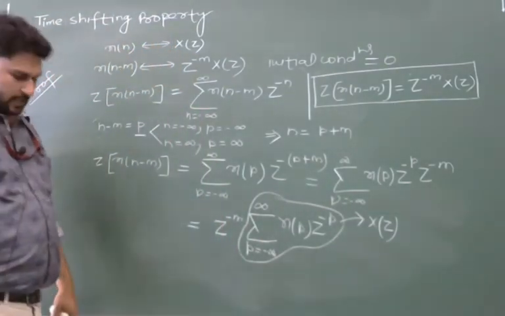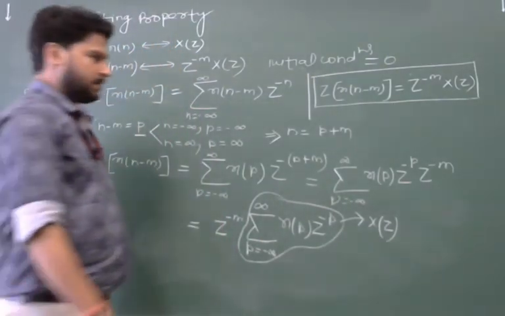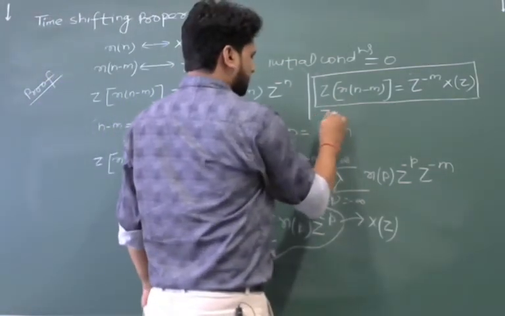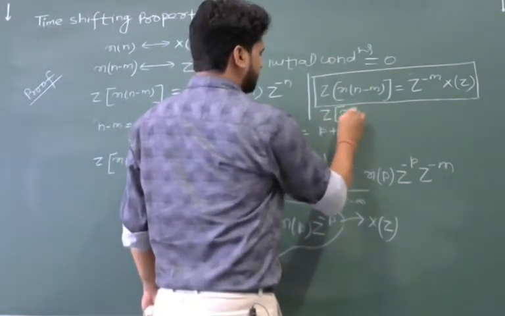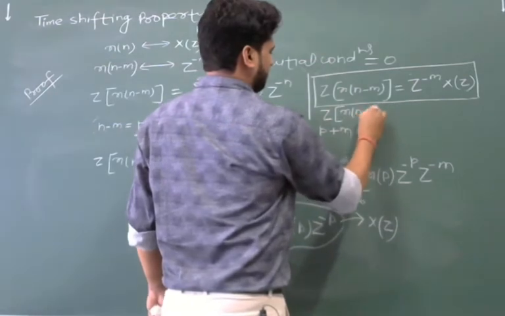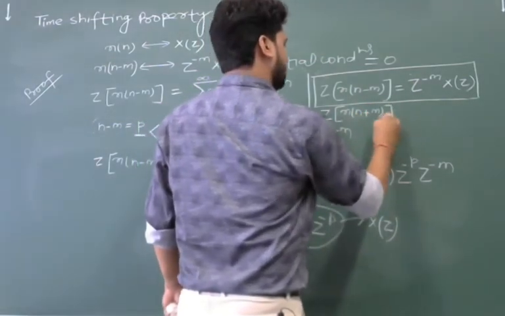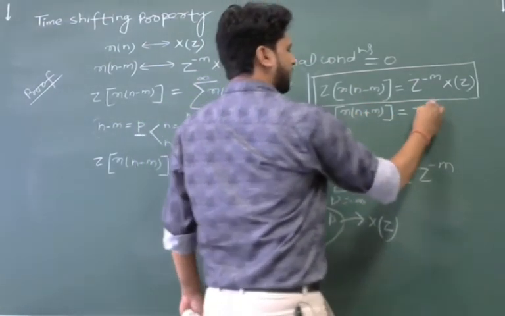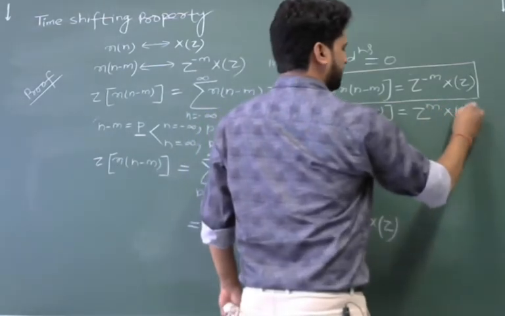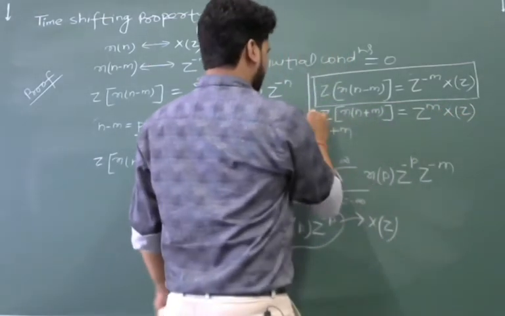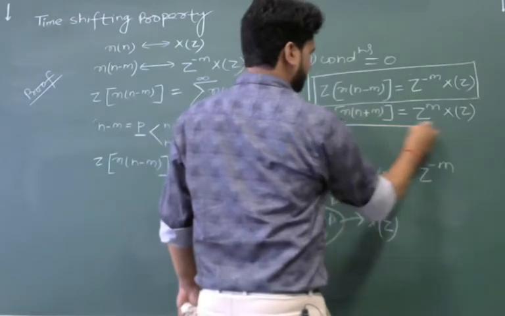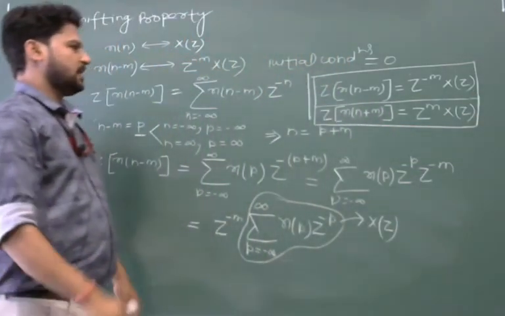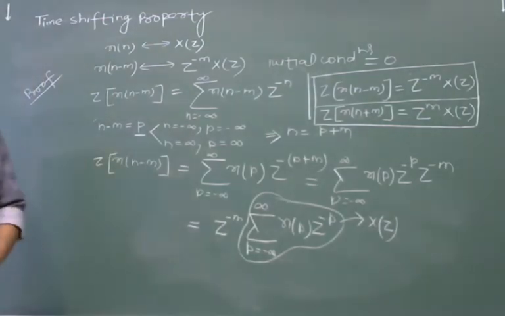Similarly, in the similar way, we can prove that the z transform of x of n plus m will be equal to z power m into x of z. So this is the time shifting property of the z transform. It means that we are shifting the signal.